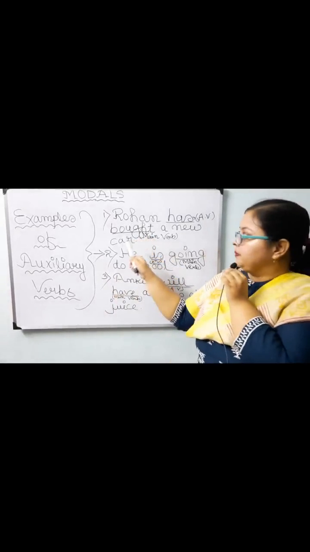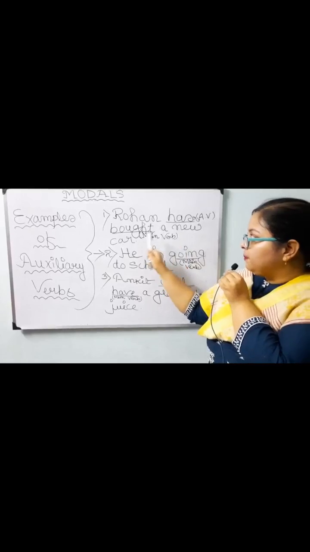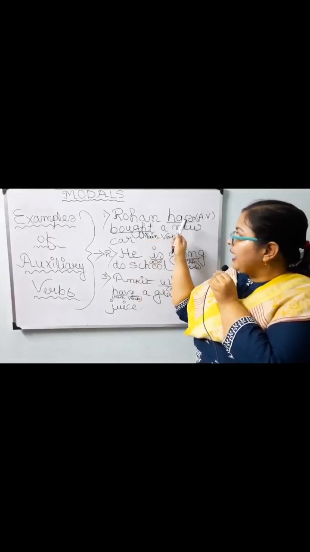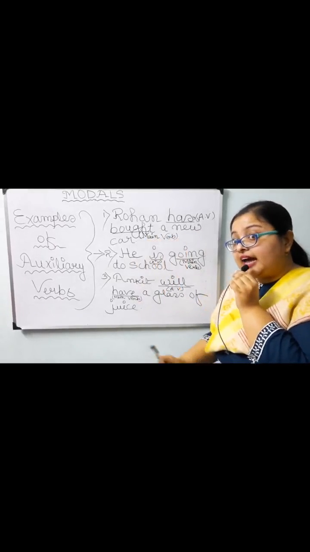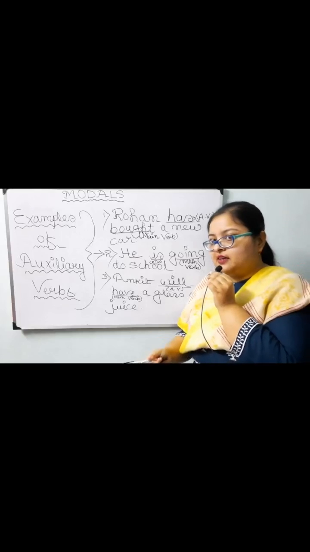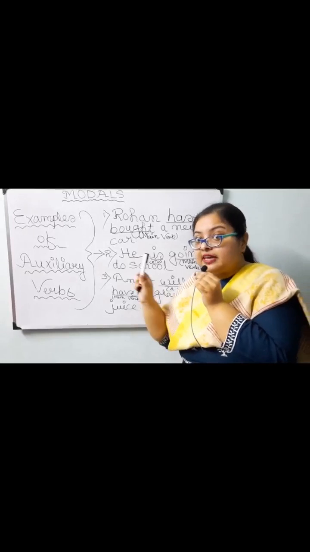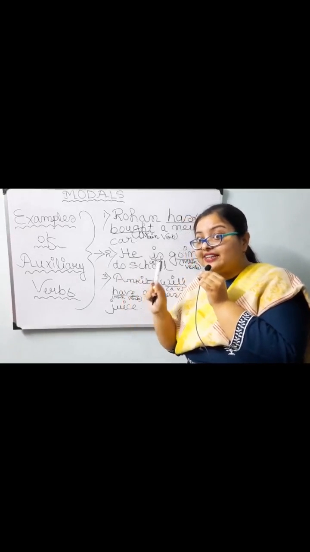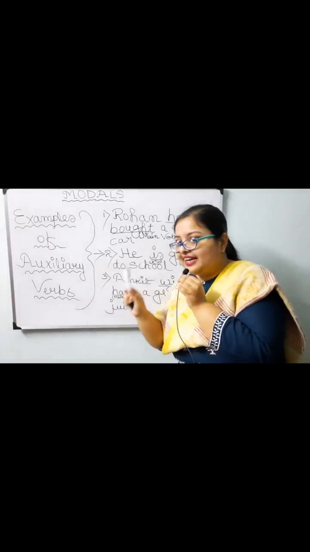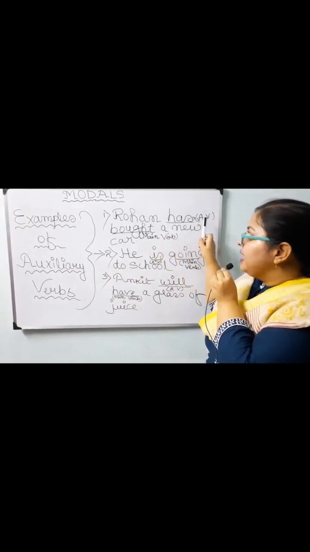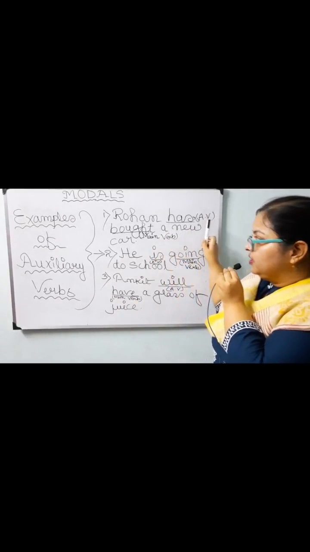Now first one: Rohan has bought a new car. Rohan has over here, unlike the previous sentence that was given as an example of main verb, unlike that sentence, over here has is used as an auxiliary verb.